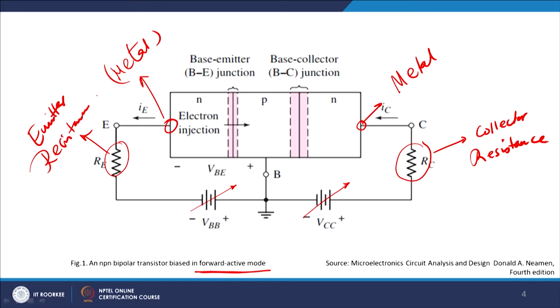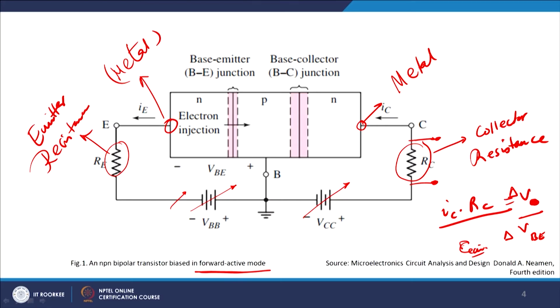Now what will happen is, once this current flows here, IC multiplied by RC is the voltage drop across this RC, that is the output voltage VO, and you will be giving a small input voltage VBE here. So the output voltage, del VO by del VBE, will be your gain for a transistor. So this is a very simple basic form of a transistor as an amplifier.